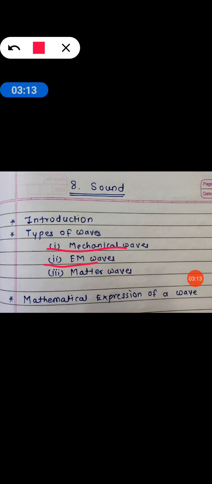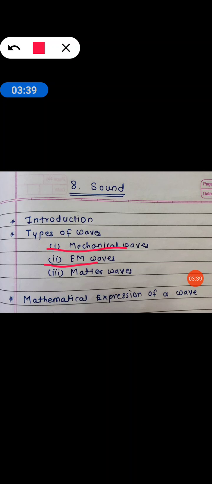What are electromagnetic waves? These are the waves generated due to periodic vibration in electric and magnetic fields. They propagate through space. However, a material medium is not essential for their propagation. That means electromagnetic waves can pass through space also.